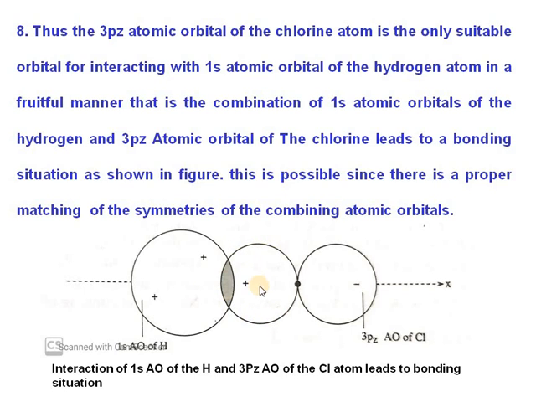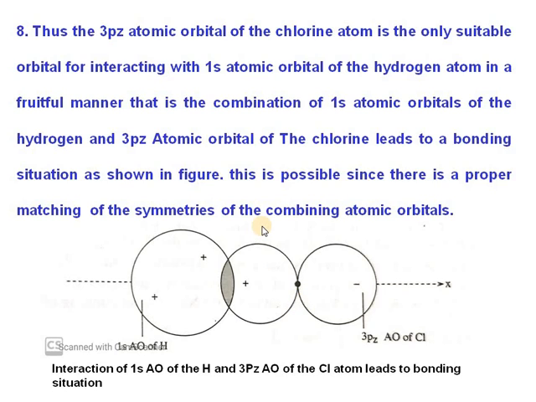It is symmetric and they get a positive overlap, because this interaction of the 1s atomic orbital of hydrogen and the 3pz atomic orbital of this chlorine will lead to the bonding situation.